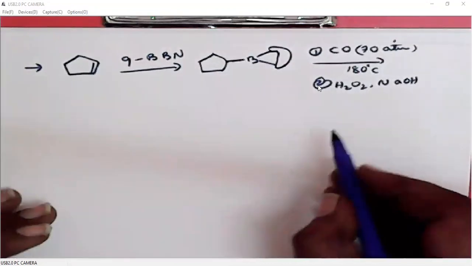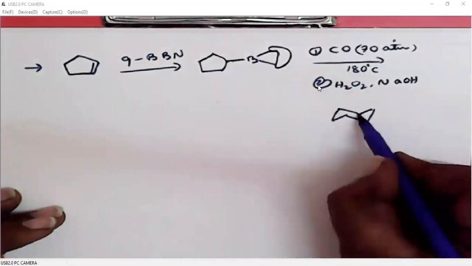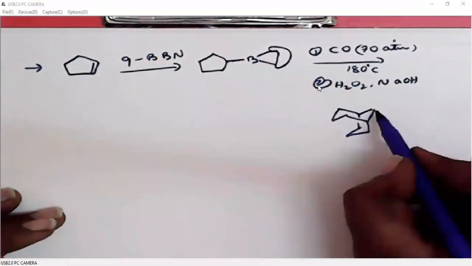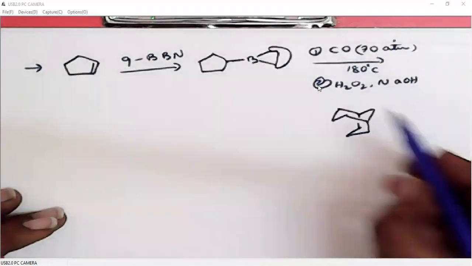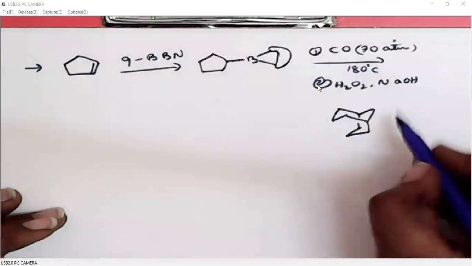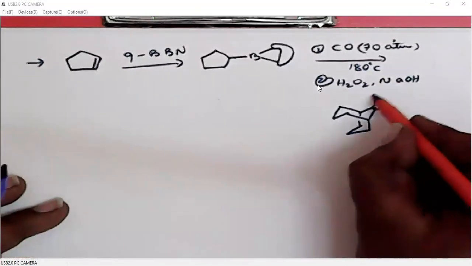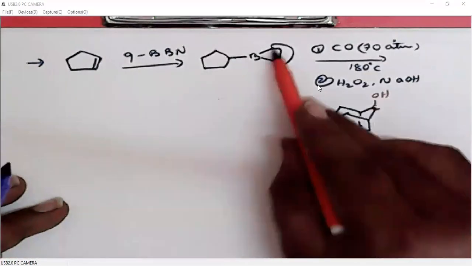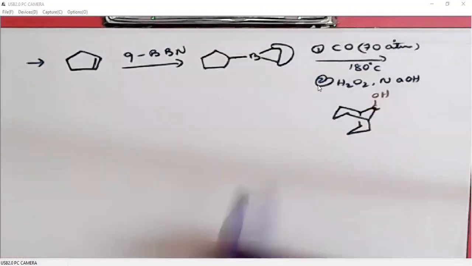So the product is this. Here it is a boron, but because these two alkyl groups are also migrating to the carbonyl carbon, it will be the carbon from the carbonyl, and the three alkyl groups are migrating, so here we will get only alcohol, not carbonyl.